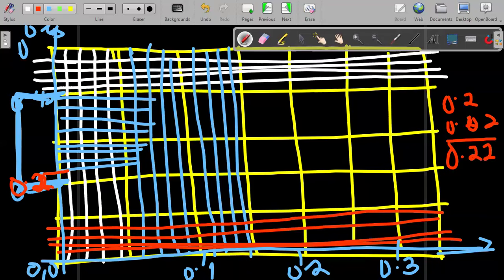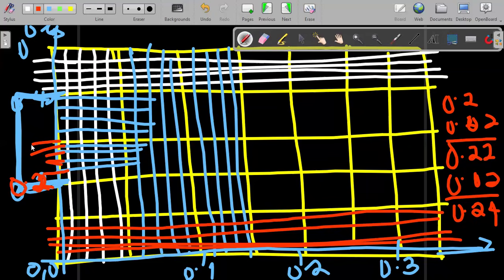0.22. You see it? So each box, if I count one box now, it will move from 0.2 to 0.22. If I count this one, meaning I'm adding 0.02 to this. So if I count this one, I'm having 0.24. Then if I count this, I'm having 0.26, 0.28. Here is now 0.3.